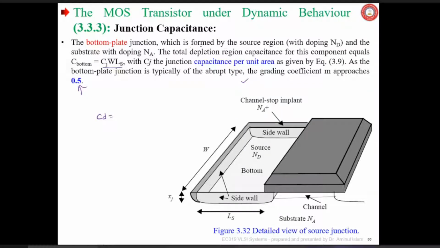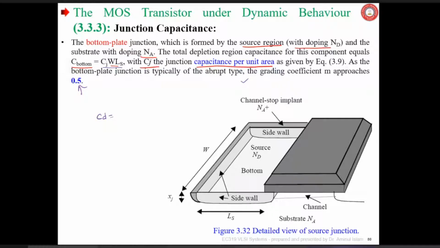See, the bottom plate junction, which is formed by the source region with doping ND and the substrate with doping Na, the total depletion region capacitance of this component equals C bottom, that is Cj W LS. Cj is the junction capacitance per unit area. Remember, per unit area it is. So Cj should be multiplied by the area.